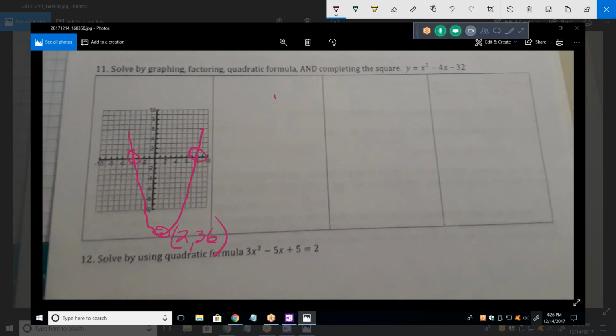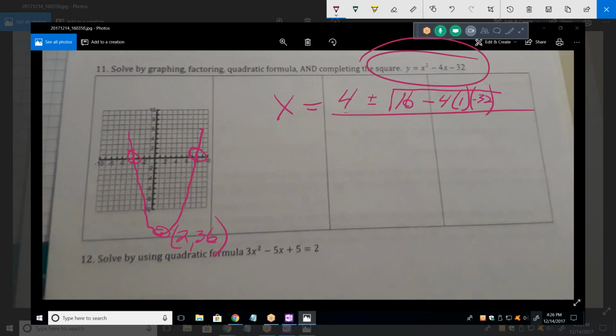So the quadratic formula, apply it to this. x equals 4 plus or minus the square root of 16 minus 4 times 1 times negative 32, all over 2.